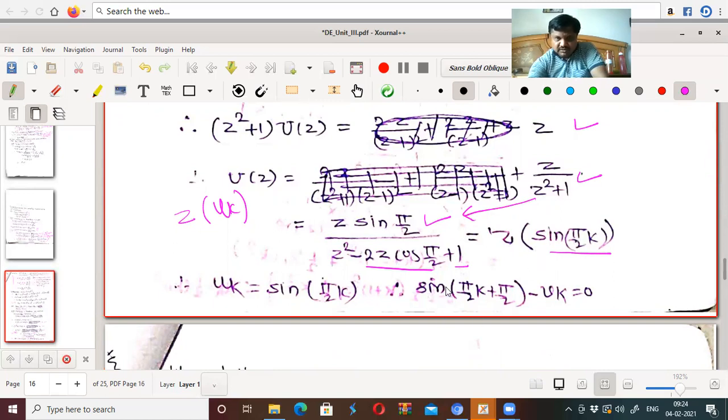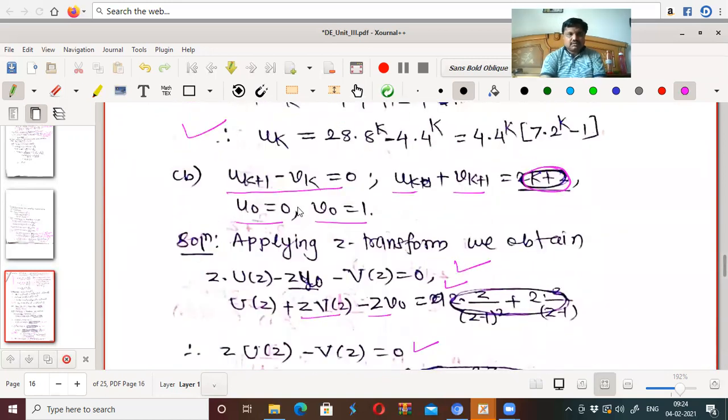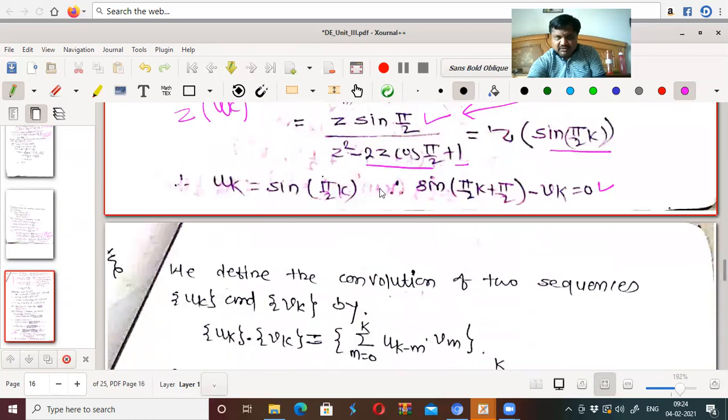So therefore sin of pi by 2 k plus pi by 2 minus vk equal to 0. And what about vk? uk is this one. Put the value of uk here. Therefore uk plus 1 is vk, so k is replaced by k plus 1. What will happen? We obtain sin of pi by 2 k plus pi by 2 minus vk.